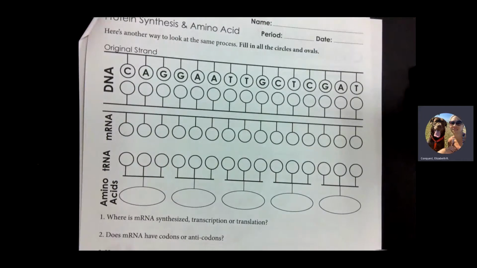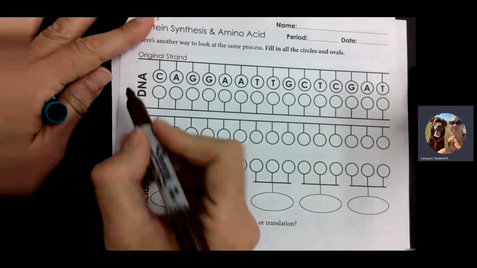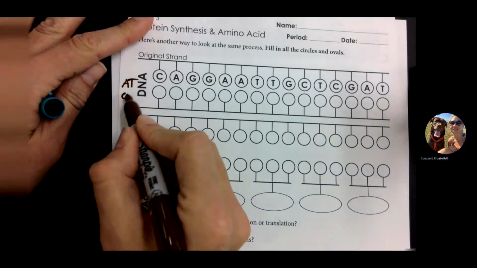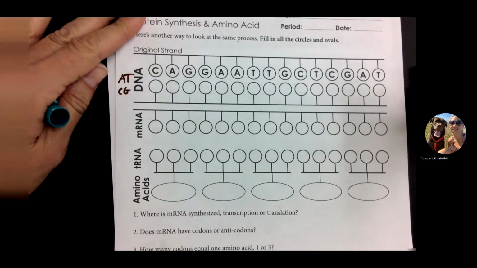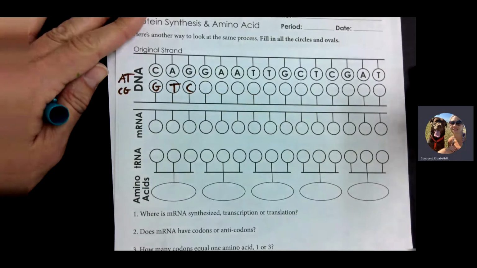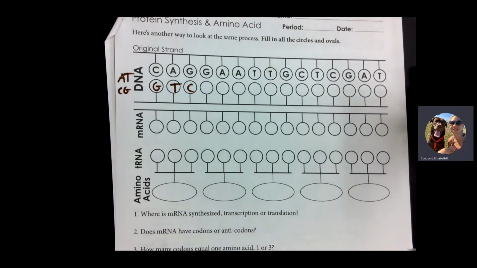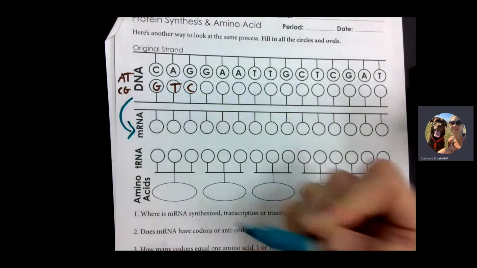On the flip side, it's the same thing, except now it's going horizontally. So DNA, remember A, T, C, G. Apples in a tree, cars in the garage. So C turns to G, A, T, G, C. Now we're taking this and turning it into messenger RNA.